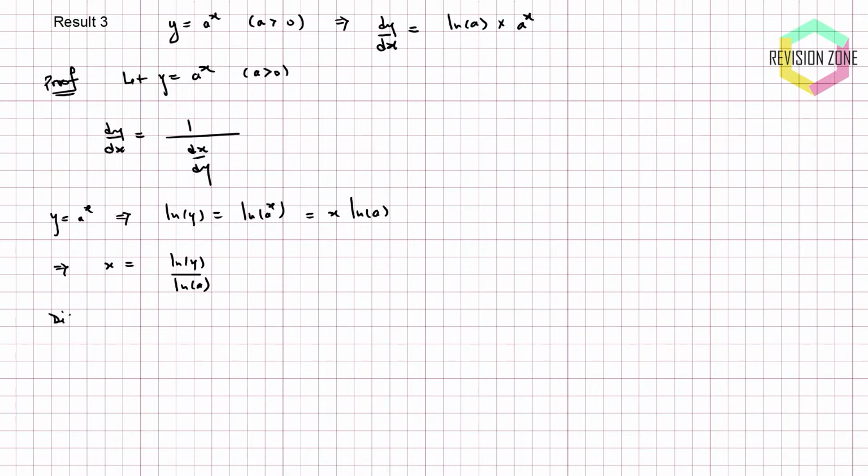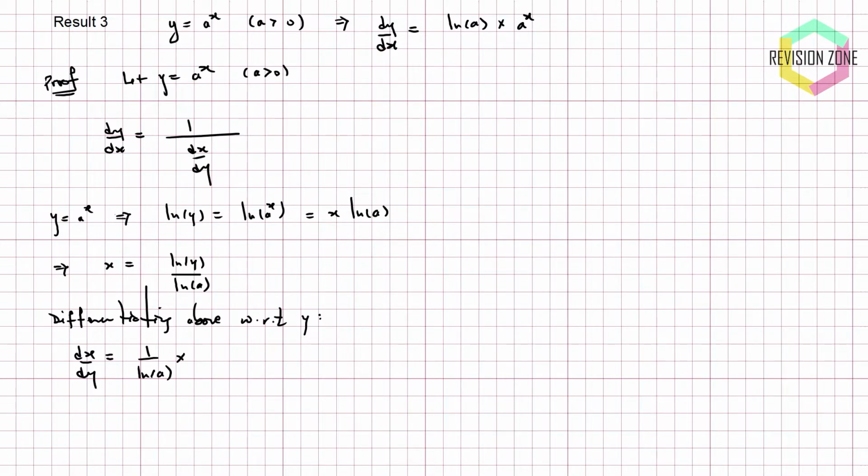So differentiating the above with respect to y gives me that dx by dy. Now I've got to be careful here because log a is just a number. Because a is a constant, I'm just going to have the log a by itself on the outside.